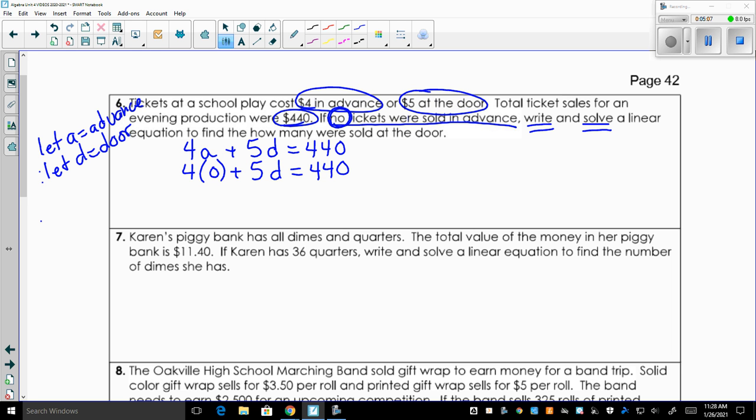So anything times 0 is just 0. So I'm just going to bring down the 5D for $5 times the number of door tickets brought in $440. I'm going to divide both sides by 5. And I have the number of tickets sold at the door was 88 tickets. I put my D on the left, but you can have the D on the right. It doesn't matter.